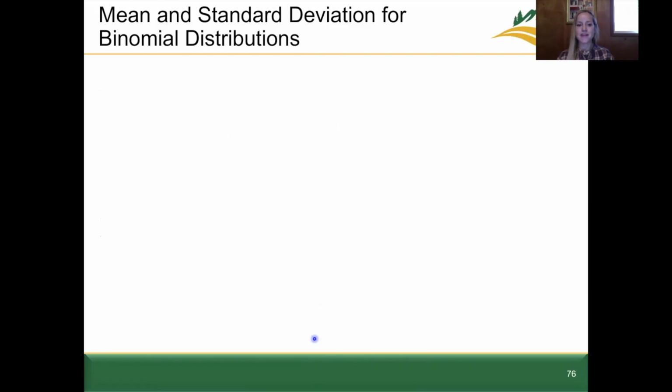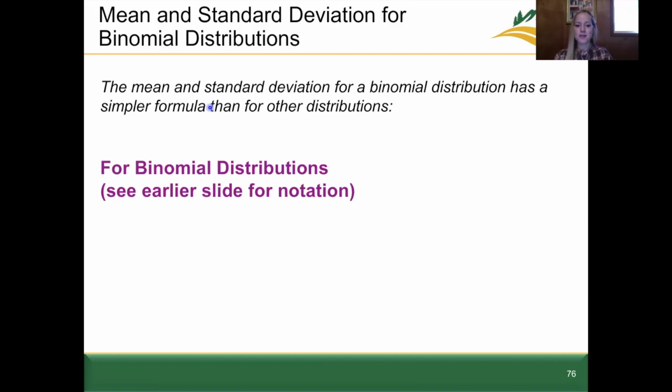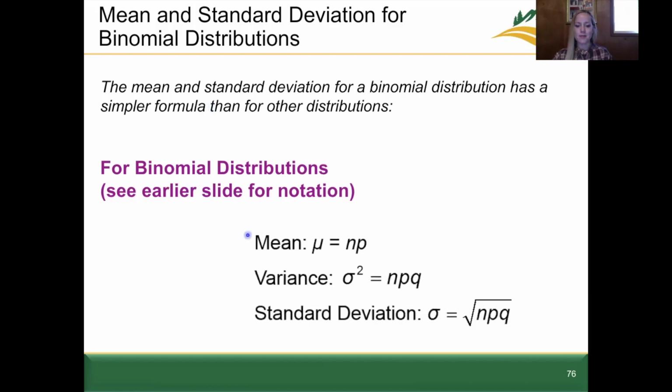Okay, now I mentioned at the very beginning in the key concepts we cover is how to calculate the mean, standard deviation, and the variance for binomial distributions specifically. Fortunately, these equations are a little bit more straightforward than what you've seen before, where our mean, or mu, is n times p, our variance, or sigma squared, is n times p times q, and our standard deviation is always the square root of our variance.